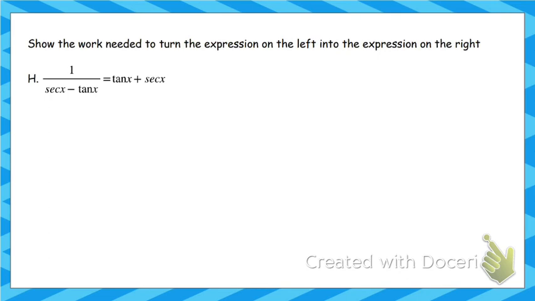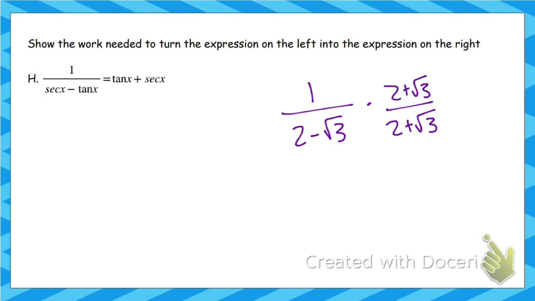So the conjugate is basically the same thing with the opposite sign in between those terms. You used this in two other places in your previous math classes. One was when you had something like this that you needed to rationalize. If you had to rationalize, you multiplied by that, top and bottom. That was the conjugate, because it was the same numbers, but the sign in between was opposite. The reason that you multiply by that is because, like we did earlier, when you FOIL it out, those middle terms will cancel out.